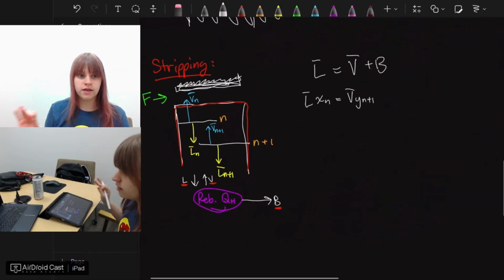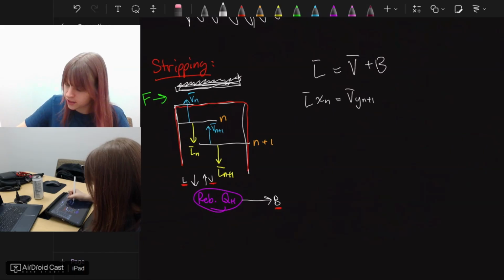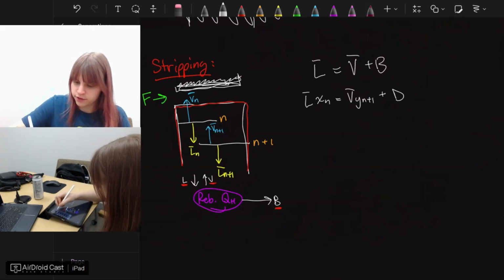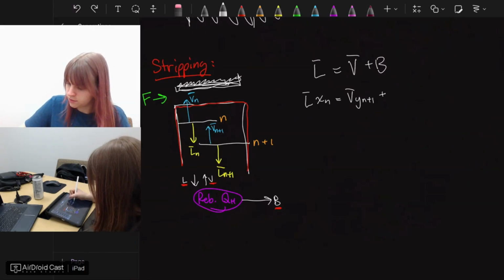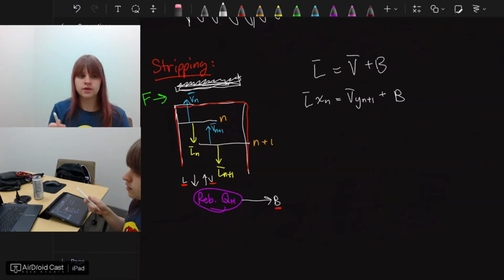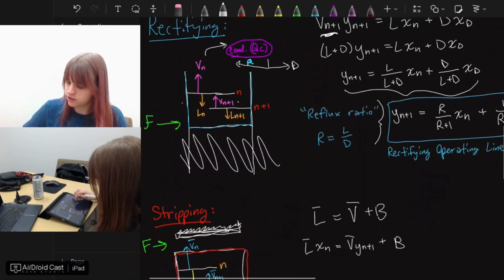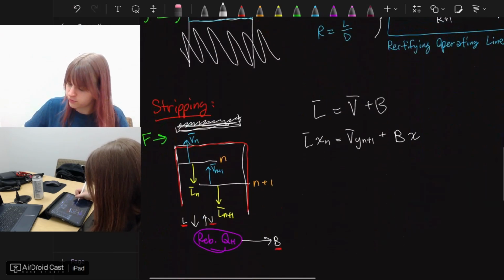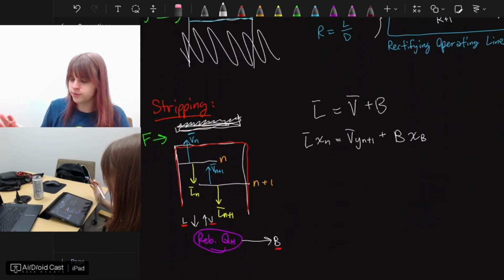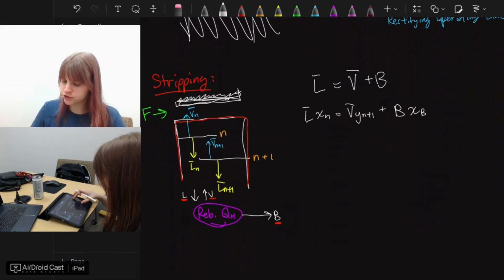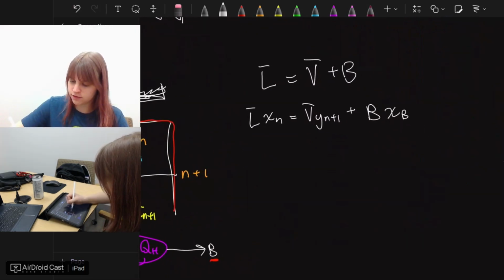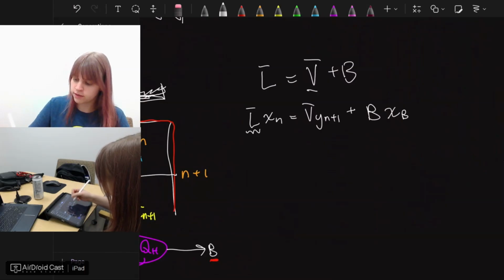So we have that, and then we also need to add the bottoms. And when we add the bottoms, similar to what we did with the distillate, we multiply by the liquid composition of the bottoms. And again, we're going to replace this L with this V plus B in the equation.